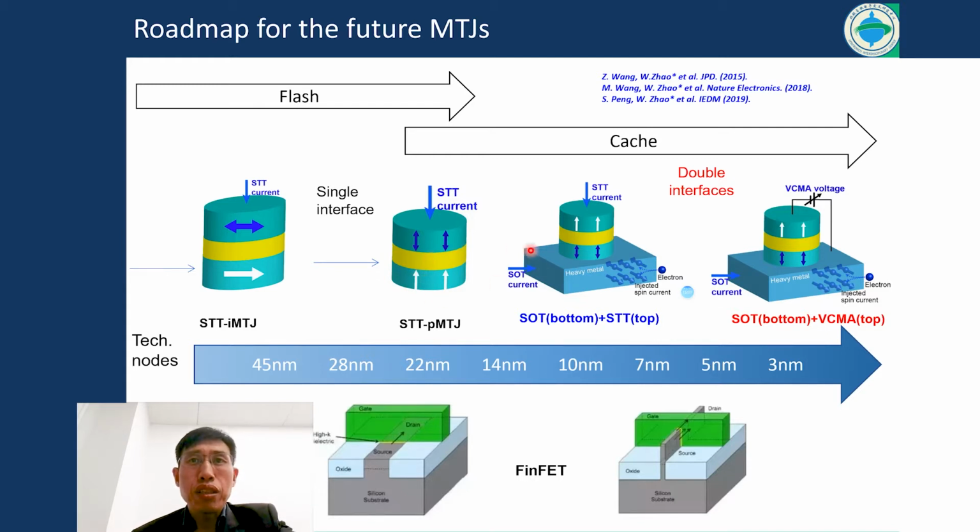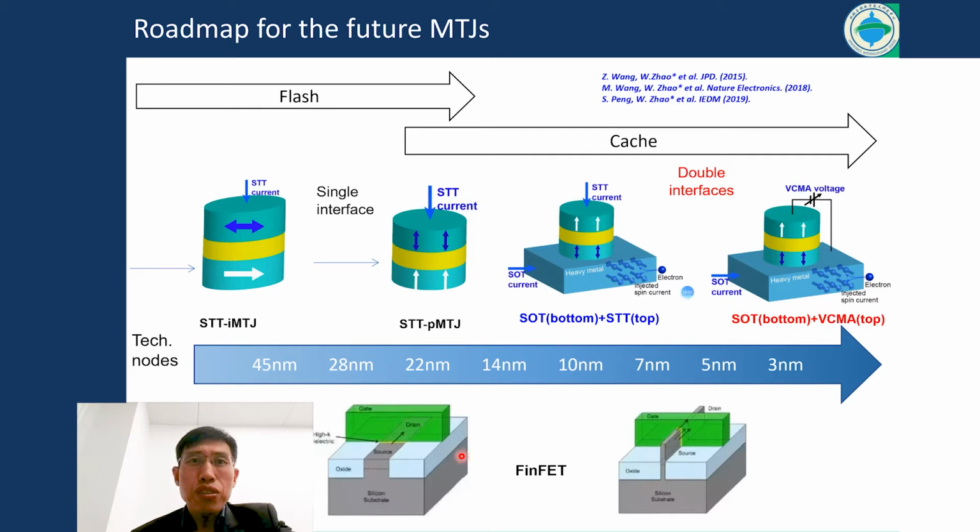As I mentioned, we want to go to 3 terminals to increase its lifetime. In this case, we can combine the 2 interfaces for the switching. So the current comes from the top to the bottom, and another spin current from the bottom. In this case, 2 interfaces are switched, and the efficiency can be enlarged.